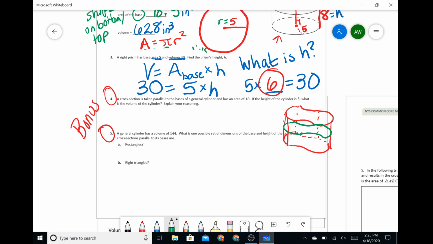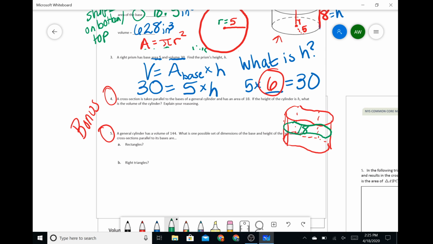So if this green section has an area of 18, that means that the top has an area of 18 and the bottom also has an area of 18, right? So what this is saying is that our bases have an area of 18.